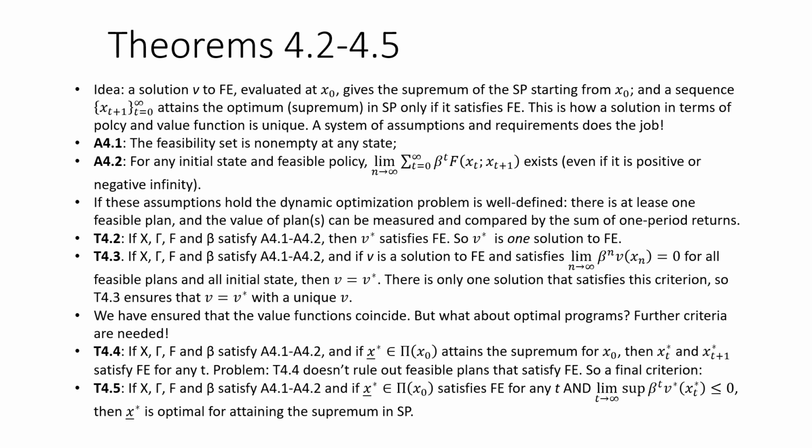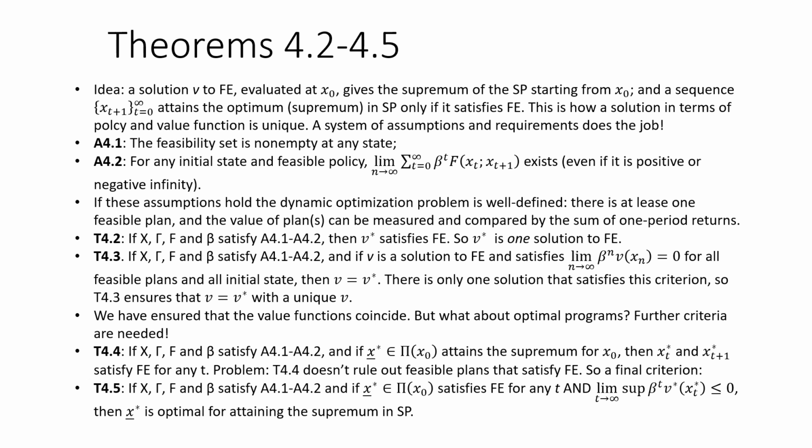A solution to the functional equation, so a value function, evaluated at the initial state gives the supremum of the sequential problem starting from the same initial state, and the sequence attains the optimum in the sequential problem only if it satisfies the functional equation.